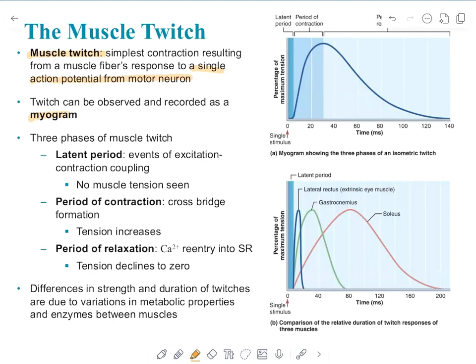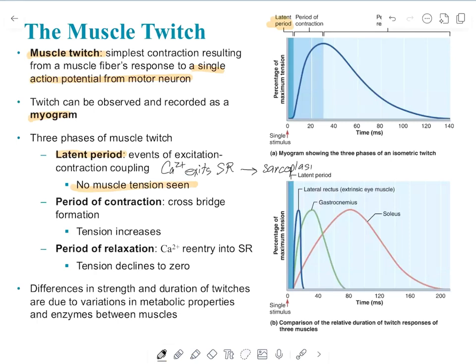What's important for you to know is that there are three different phases of this myogram. There is what's called the latent period, and the latent period is where there is no muscle tension seen. And the reason for that is the calcium is exiting the sarcoplasmic reticulum to go into the sarcoplasm.